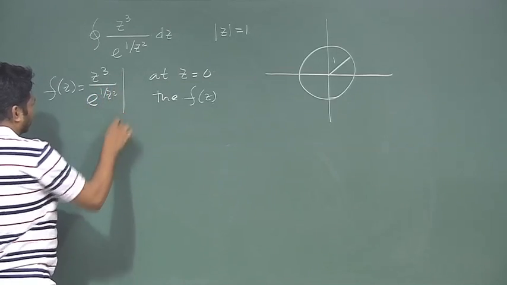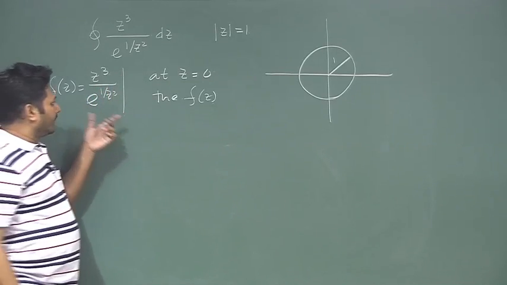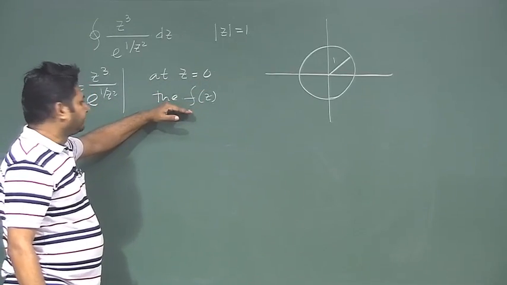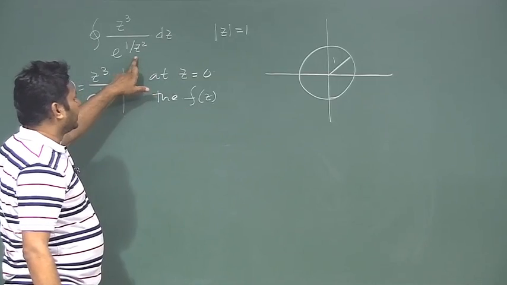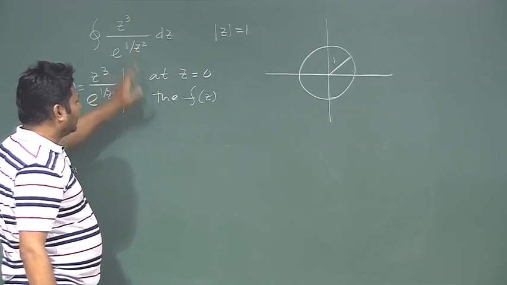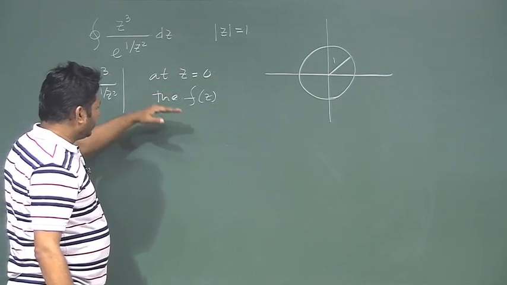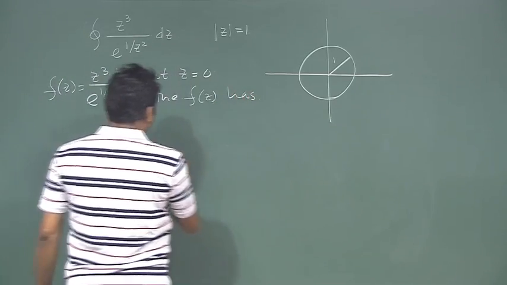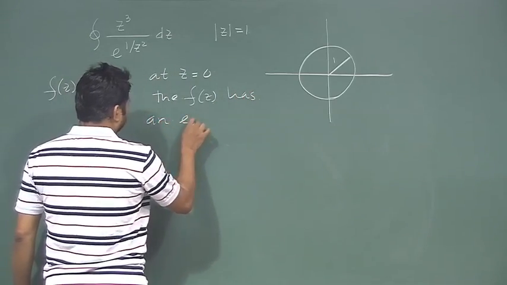At z equal to 0, this function has a singularity, and this singularity is an essential singularity, because if I expand this at z equal to 0, the function f z has an essential singularity.